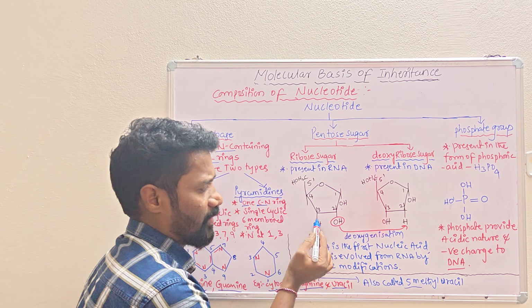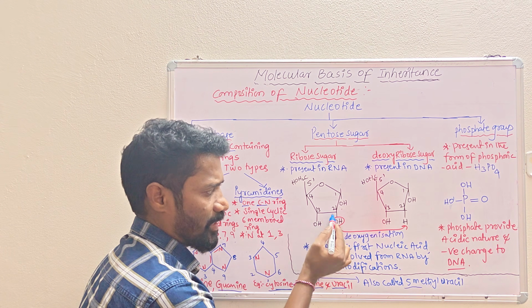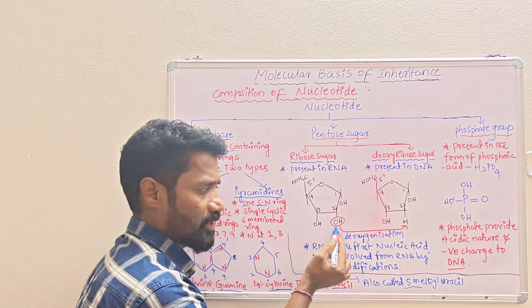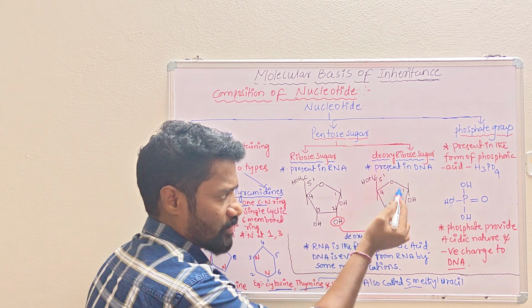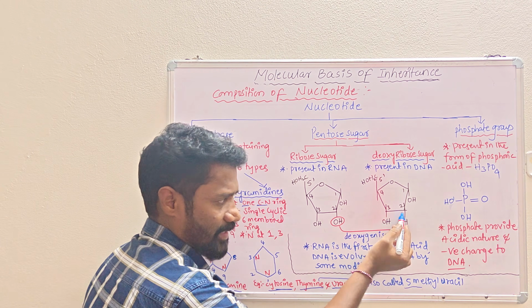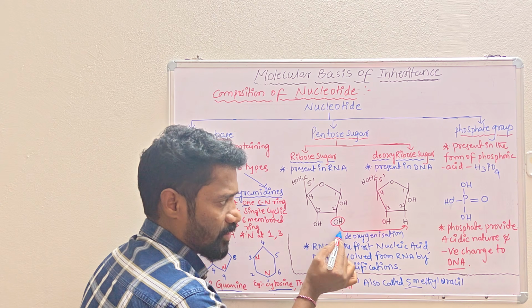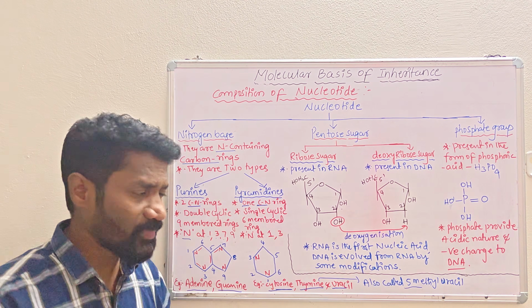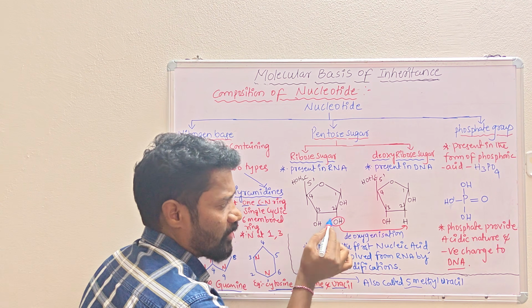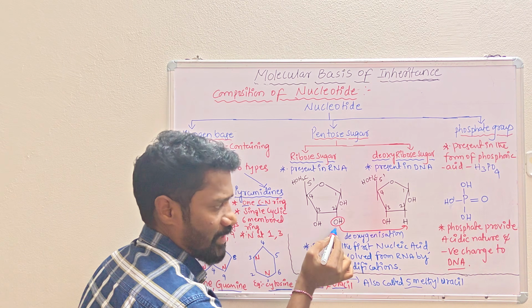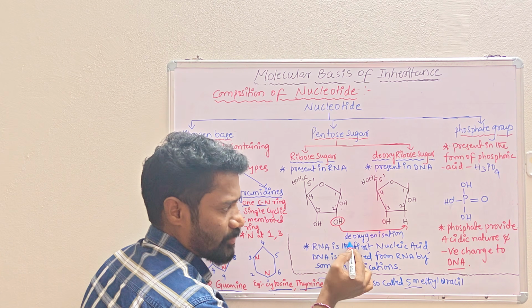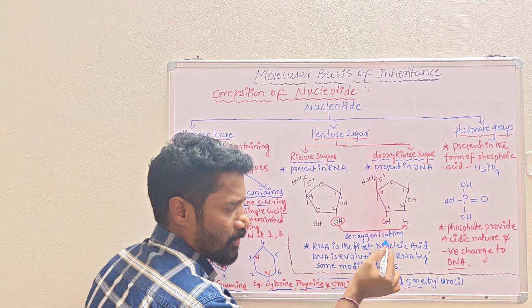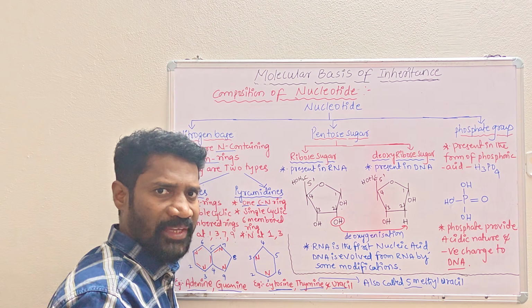See here, at the third carbon an OH group is there, and at the second carbon also an OH group is there. But here, at the second position, the oxygen is removed. When the oxygen is removed from the OH group of the second carbon, this process is called deoxygenation.